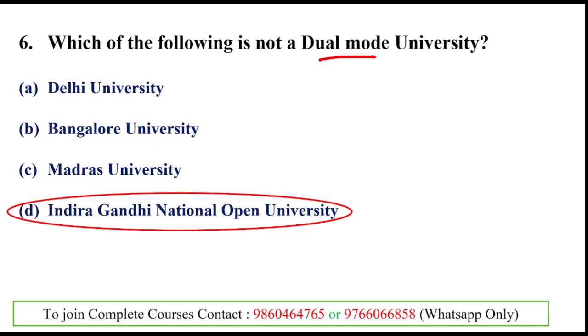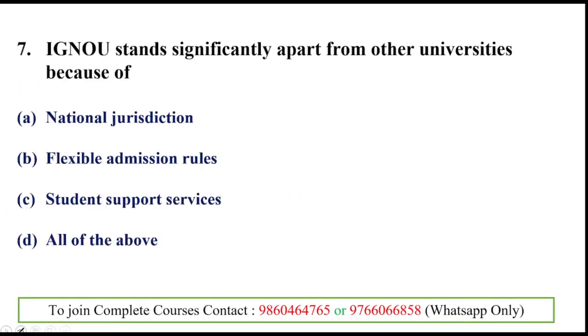Clear? Then next one, IGNOU stands significantly apart from other universities because of. So in this question, IGNOU, the open university, stands significantly apart, meaning it is different from other universities, and under which of the factors is it significantly apart from other universities. The options given are national jurisdiction, flexible admission rules, student support service.